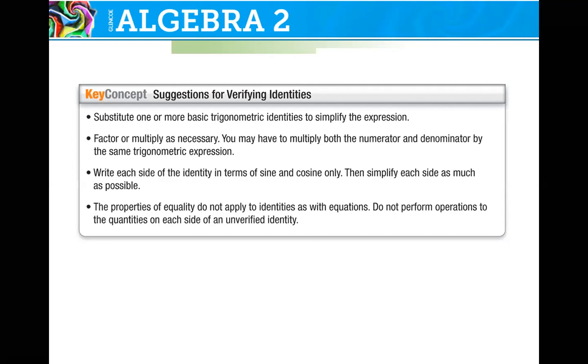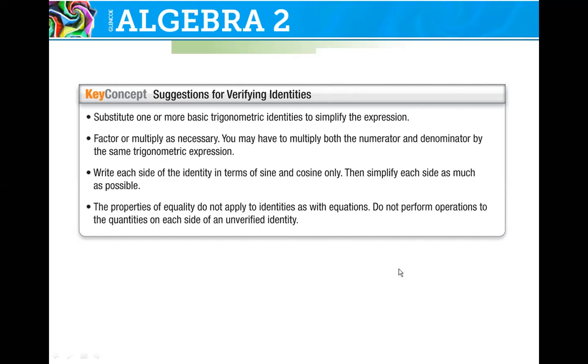Write each side in the identity in terms of sine and cosine only. So the main trig functions that we use to solve this type of identities are sine and cosine. So we need to relate sec, cosec, cotan to sine and cosine. Then simplify each side as much as possible. The properties of equality don't apply to identities as with equations.